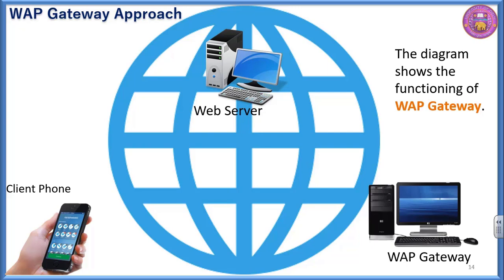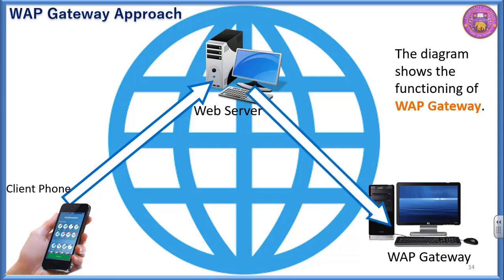From the client phone, the request goes to web server. Inside the web server, there is website. Inside the website, there are web pages, but these web pages are written in HTML language. So what this WAP gateway approach does, it will take the HTML written pages from the web server and it goes to another computer, that is Wireless Application Protocol Gateway.